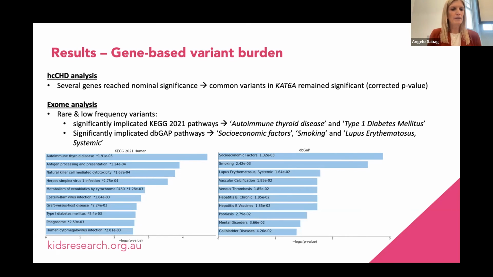And what came out, and it might be a bit too small for you to see on the slide, is that the significantly impacted pathways in the KEGG pathway system were autoimmune thyroid disease and type 1 diabetes mellitus. And in dbGaP were socioeconomic status, smoking, and lupus. What really stood out for us is that all of these factors are known risk factors for congenital heart disease development. So a particularly interesting finding to come out of this work.